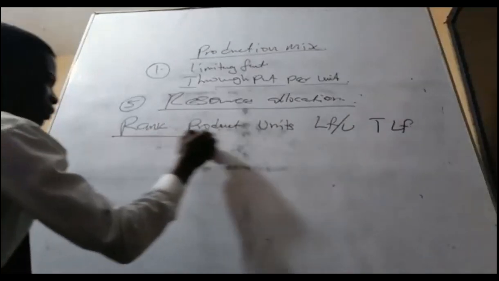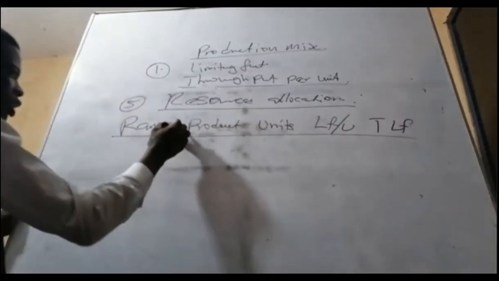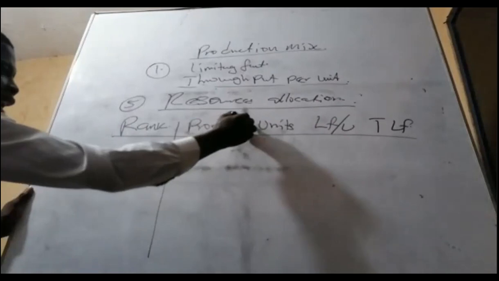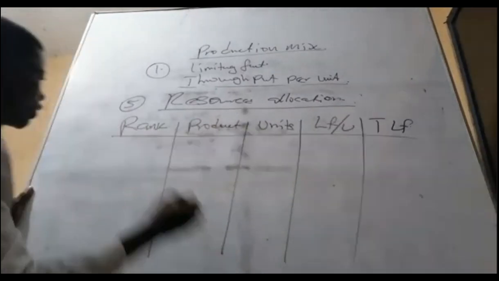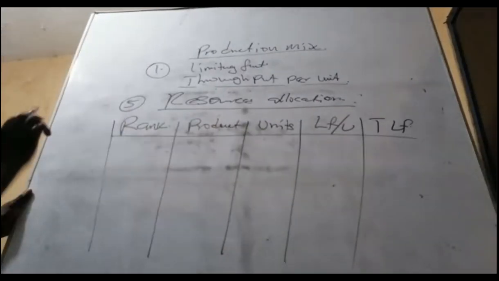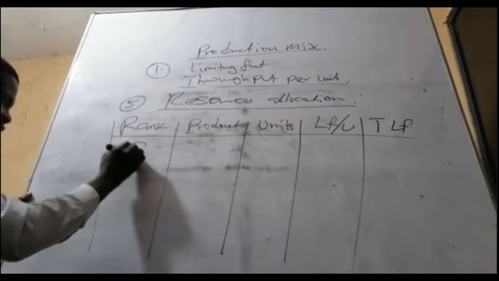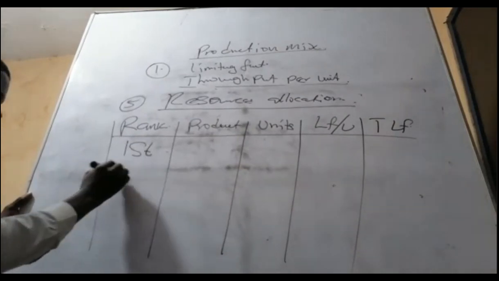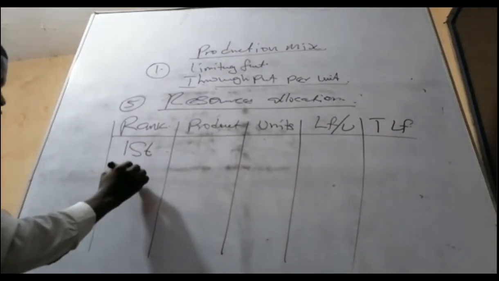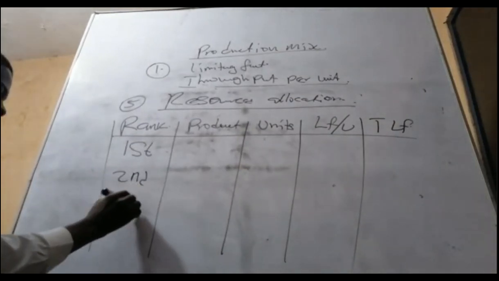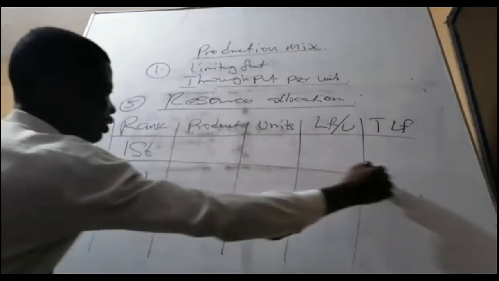So in a nice table like this, you start with the rank. Which product scored first? The first product on the list. So write first, second, third.